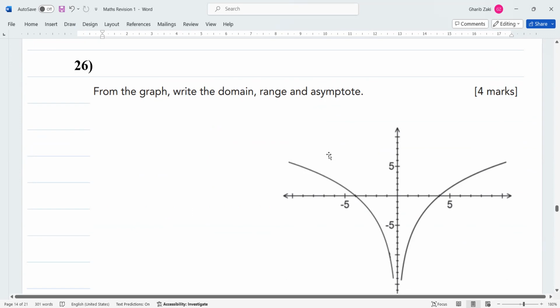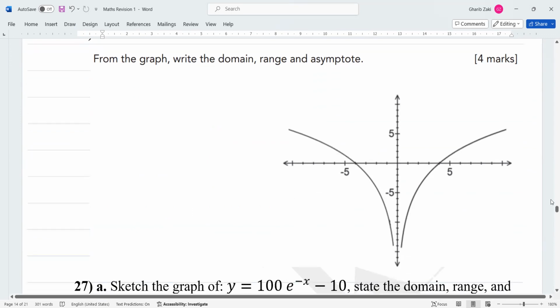Find from the graph domain, range, and asymptote. Think with me before we solve. We need the domain, the range, and the asymptote. Okay, ready?